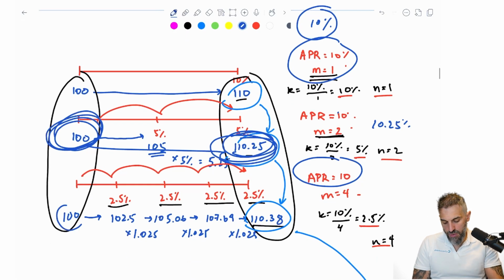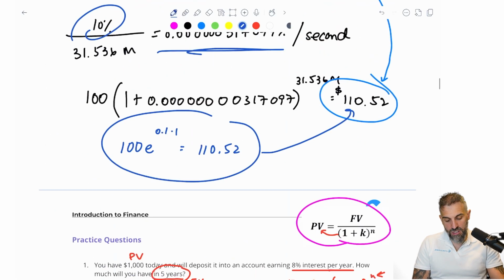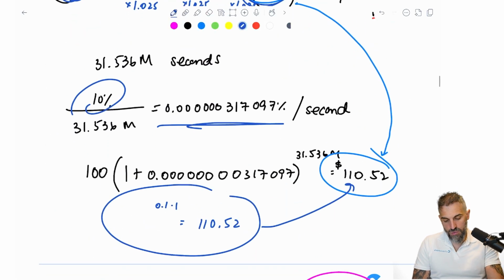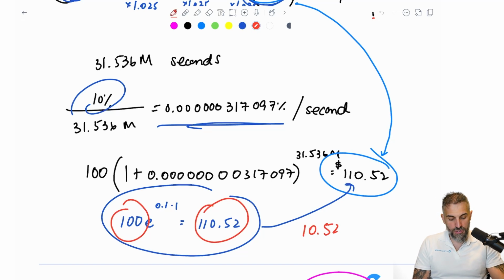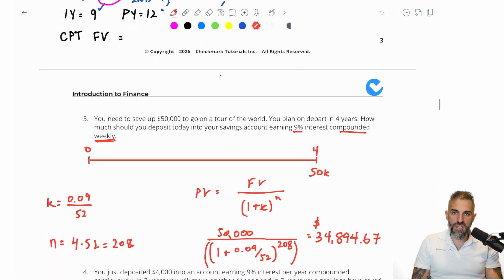If you compare here where I started to where I finished, that year I actually made 10.38%. And if you look at this one from where I started to where I finished, I actually made 10.52% that year. That is what we call an effective annual rate. The true interest rate over 1 year.